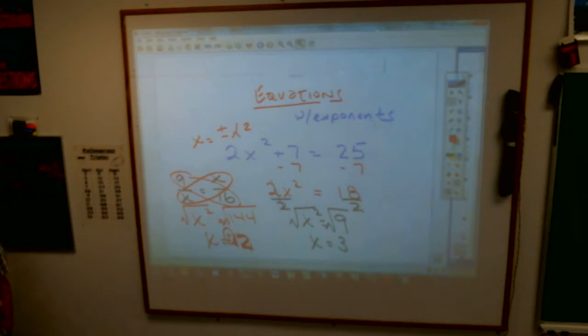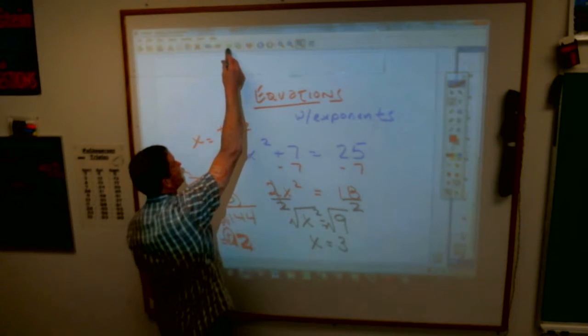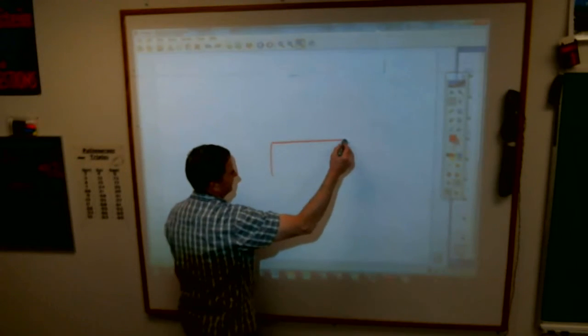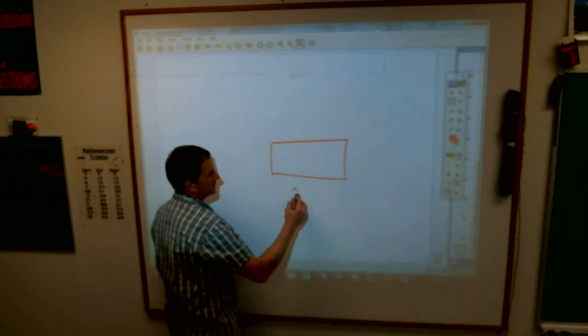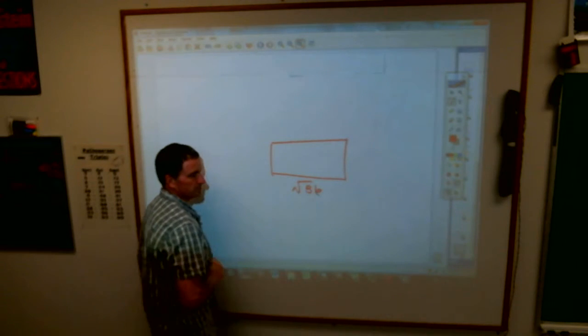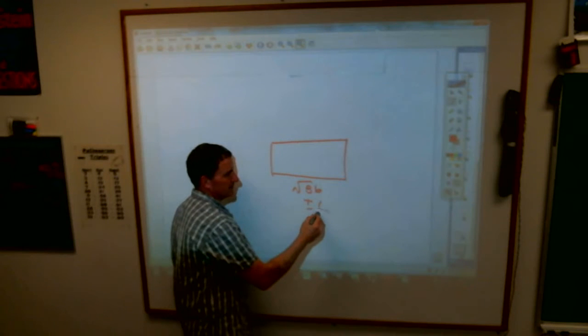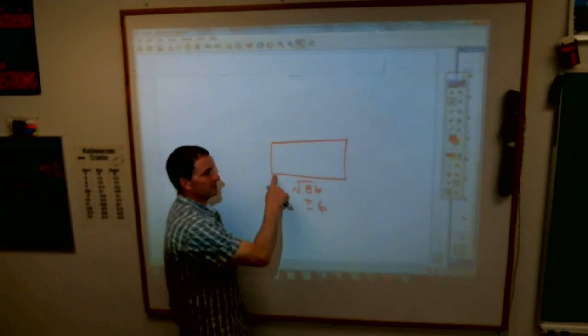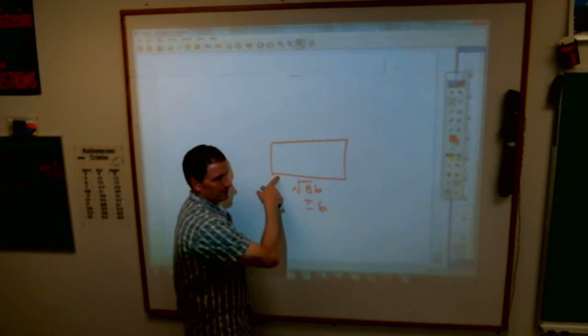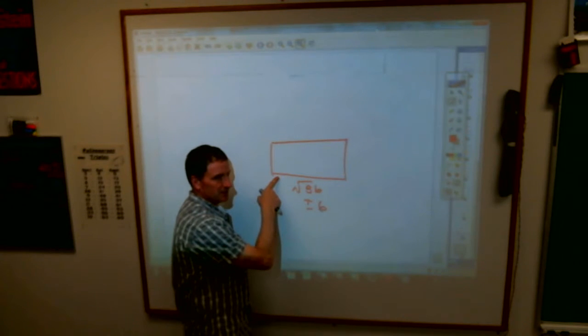The only time you don't get pluses or minuses when you take square roots of things is if you're talking about length. For example, if I gave you a rectangle, and I said that this side is the square root of 36, well, the square root of 36 technically is plus or minus 6, but there's no possible way you can get a negative length. You can't travel a negative distance.